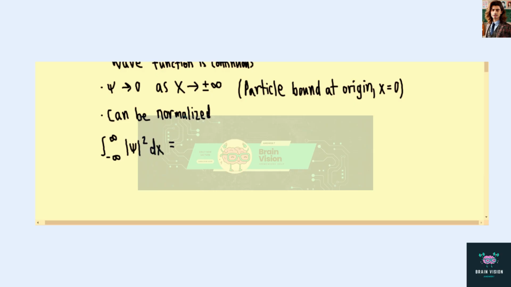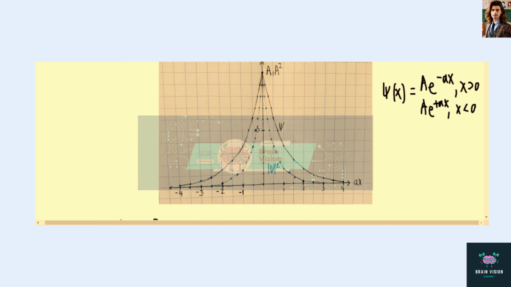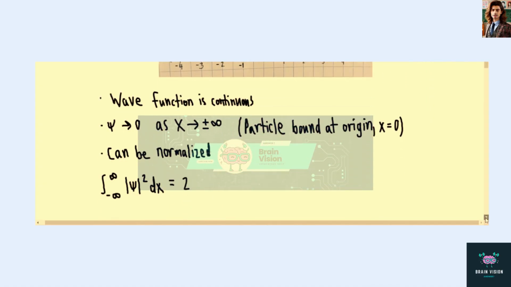So we start with our usual integral, but note, using the symmetry of the wave function, if we look at this curve, for example, we can say that the area on one side of the vertical axis, if we double that area, twice that area is equal to the area under the entire curve for the entire wave function.